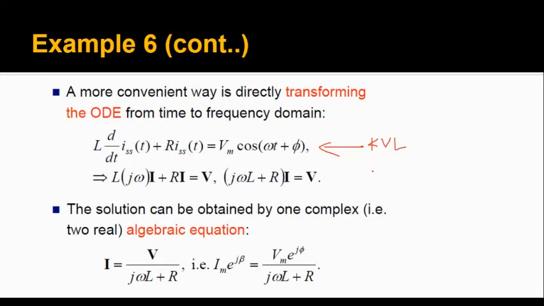You can write this down in terms of the frequency domain, where you write this as (j omega L plus R) times I equals V. So if you draw again the circuit just now, you have R over there, and over here the inductor is no longer L, but you write this as j omega L. Omega can be found from the input voltage, because in the input voltage you are given Vm cos omega t.